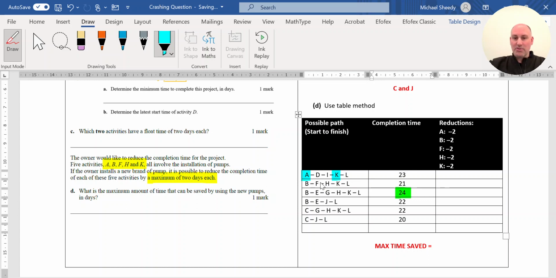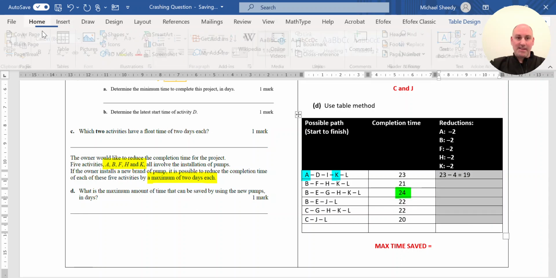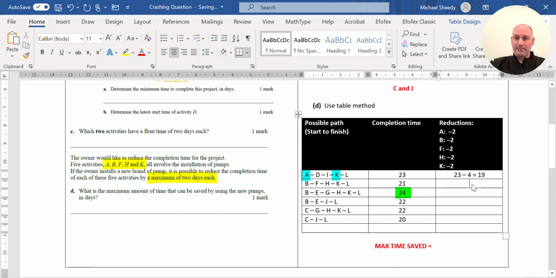So I can reduce 2 of the activities along this path. Each one can go down by 2 hours each. So that would be a reduction of 4 hours for this path. So the new completion time of this path would be 19. And I make a record of that in that third column, which is applying the reductions.